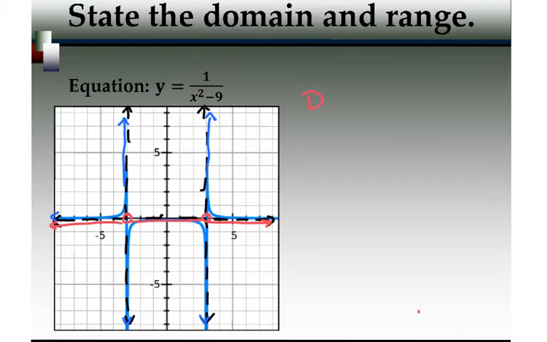For the domain, I'm going to write it out in words first. It's all real numbers, sorry, can't get my pen to write correctly. It's all real numbers except, or you can say for x, oops, not e, for x not equal to -4 and 4.